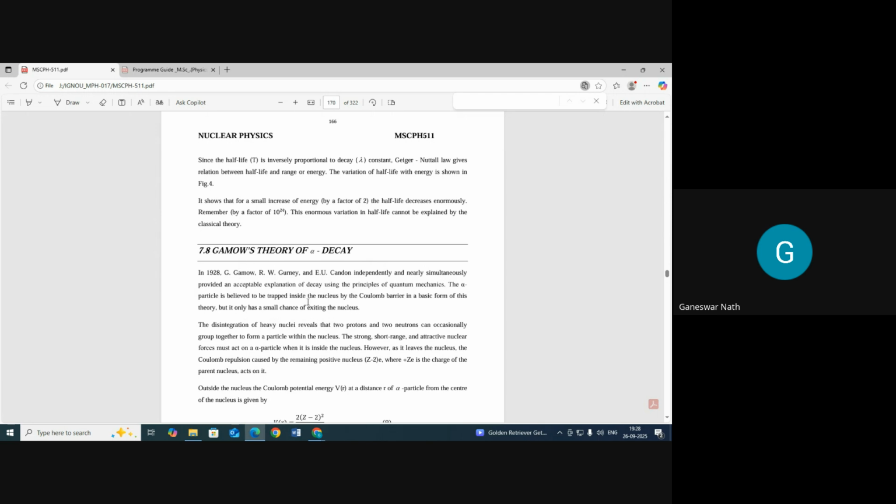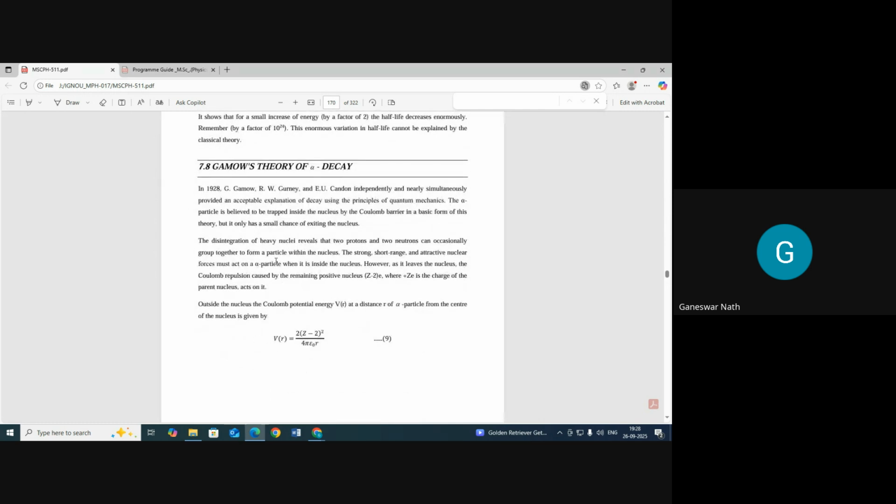According to Gamow's theory, alpha particles are believed to be trapped inside the nucleus by the Coulomb barrier in a basic form of this theory, but have only a small chance of escaping the nucleus.